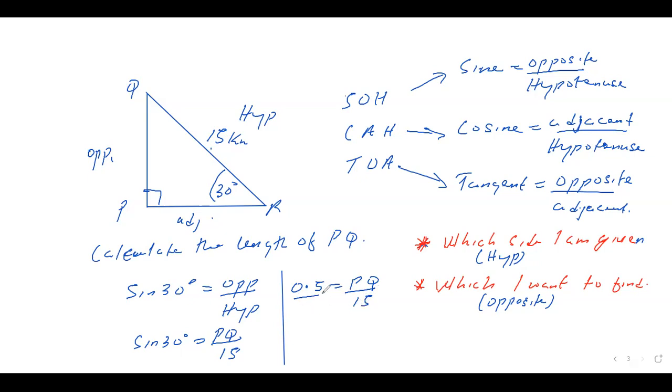Now we put this over 1. Then what do we do? We cross multiply. So 0.5 times 15 is equal to PQ. Multiply 0.5 times 15 and tell me what you get. 7.5.